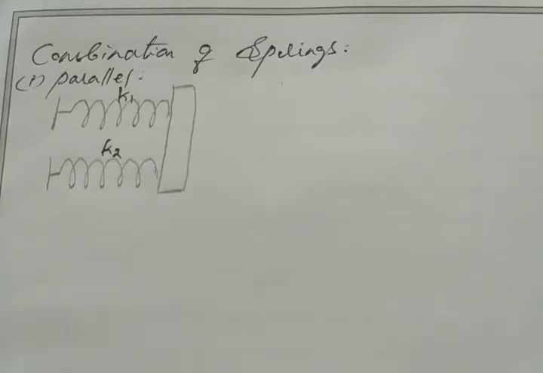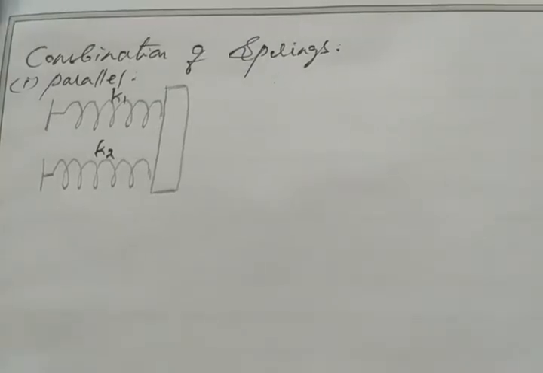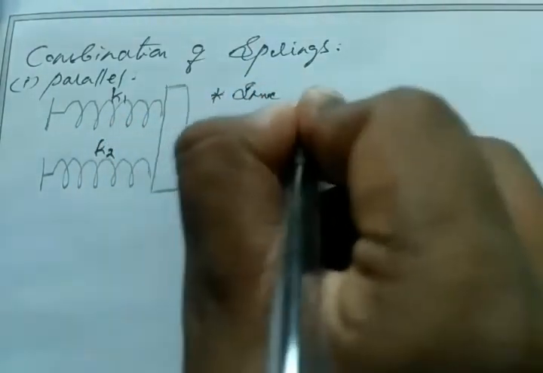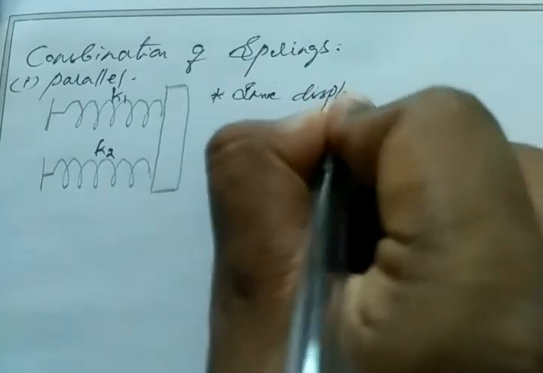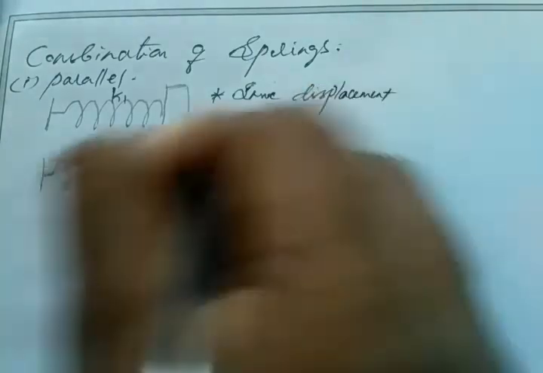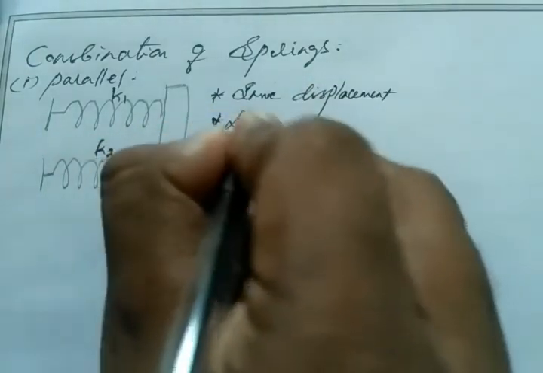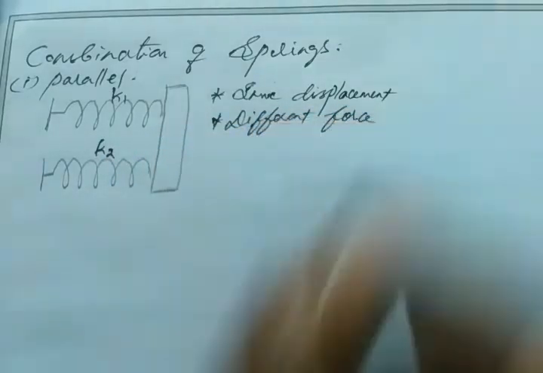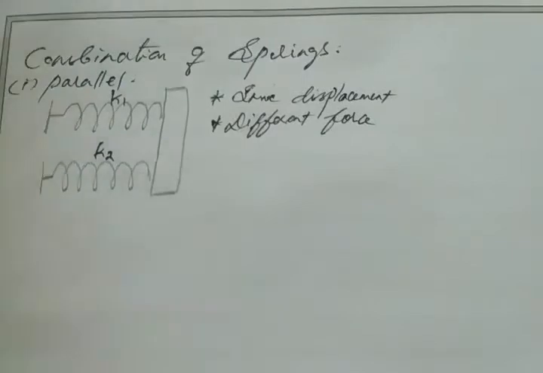A very important point: when 2 springs are connected in parallel, they experience the same displacement but different force. That type of combination is known as parallel combination.